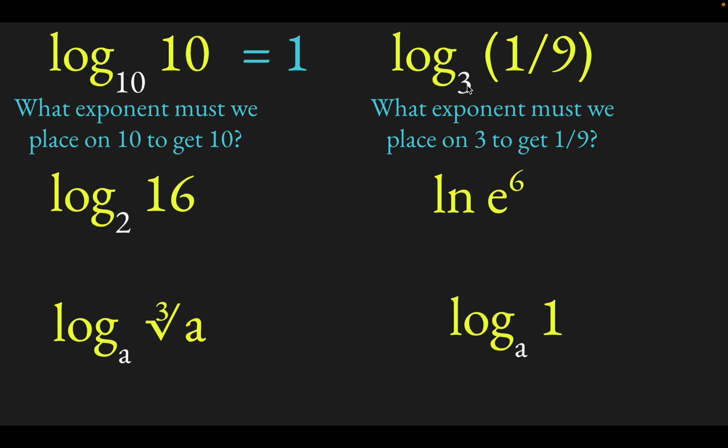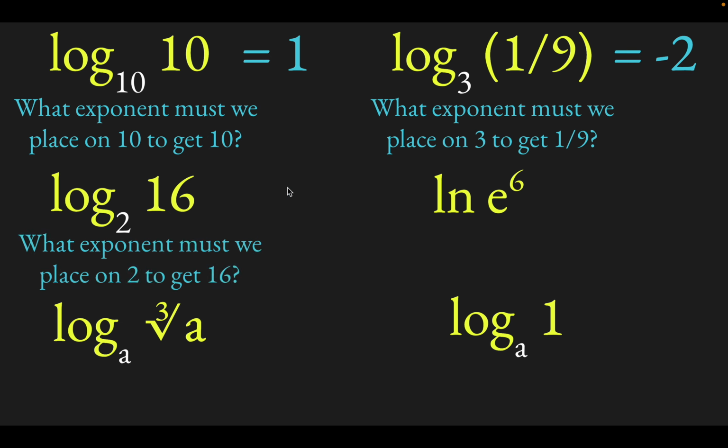What exponent must we place on 3 to get 1/9? Well, that is the reciprocal of 3 squared. So the exponent is going to be -2. So 3 to the -2 is 1/9. Next one, which exponent must we place on 2 to get 16? 2 times 2 times 2 times 2. So that's 2 to the 4th is 16. So the exponent you'd put on the 2 to get 16 is 4.